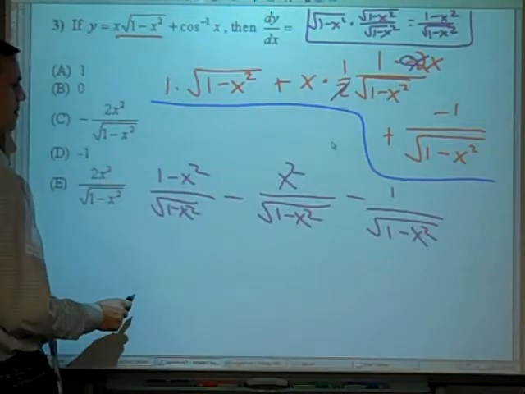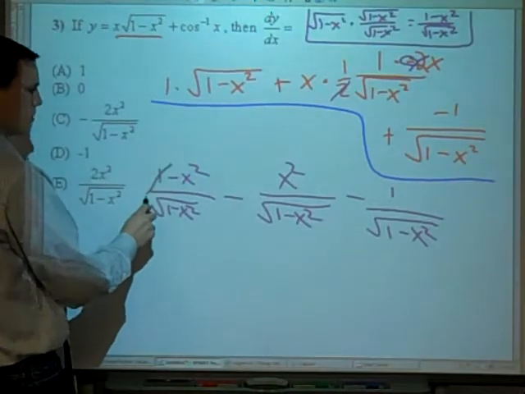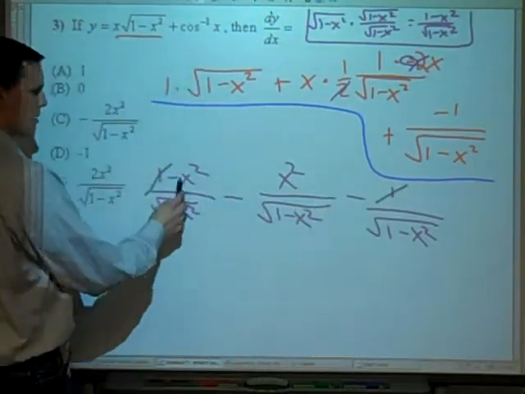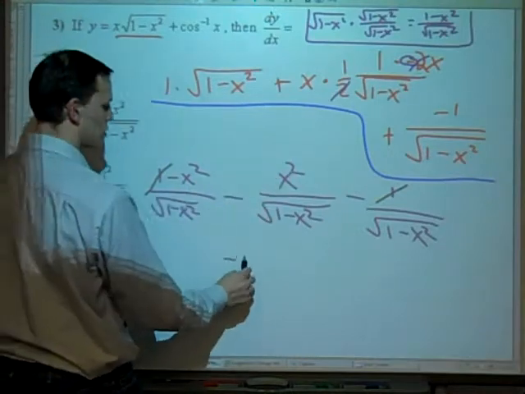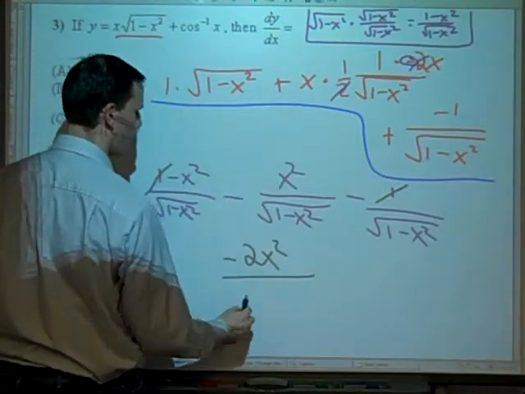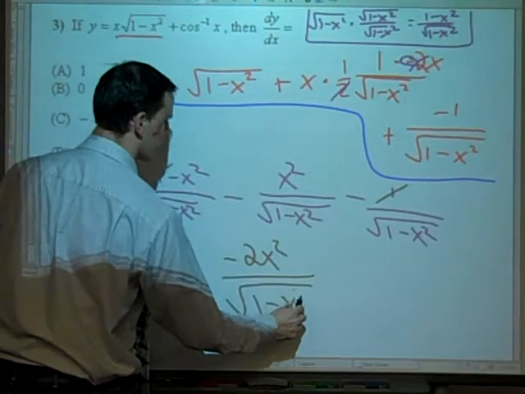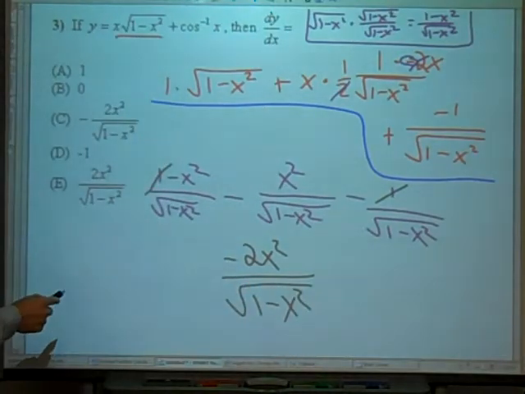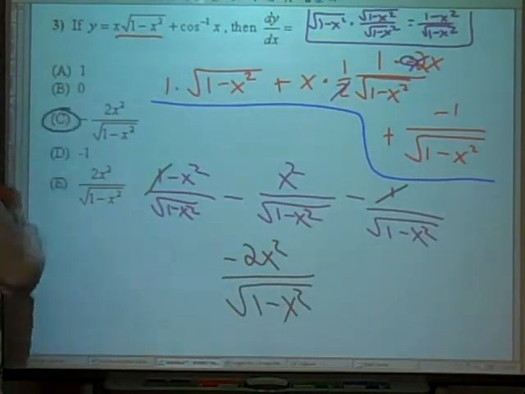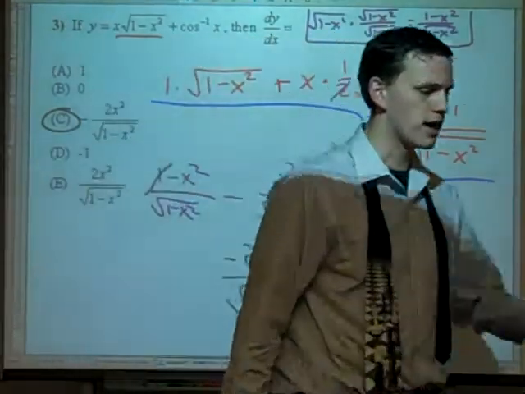Whew. Then what happens here? 1 minus 1 goes away. Minus x squared gives you negative 2x squared all over the square root of 1 minus x squared. And hopefully that is C. Yes, C.